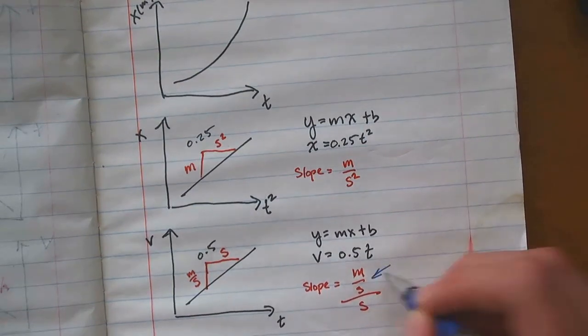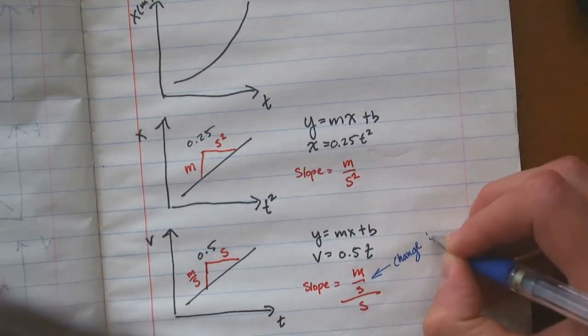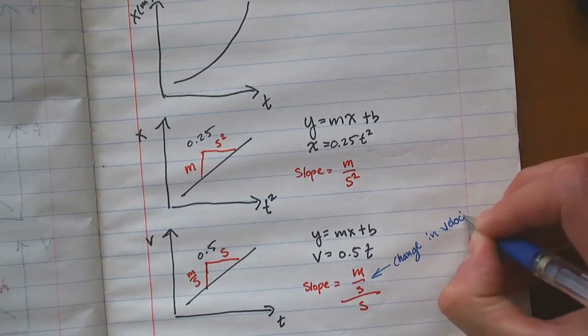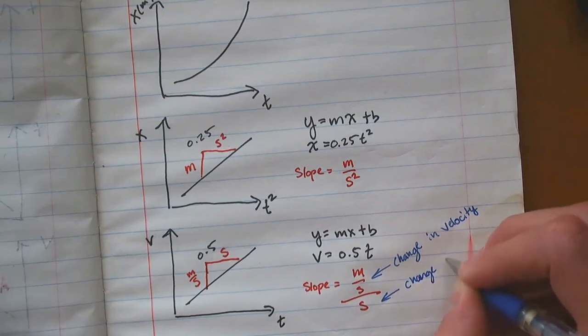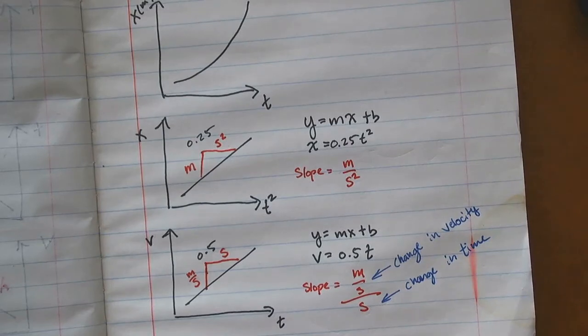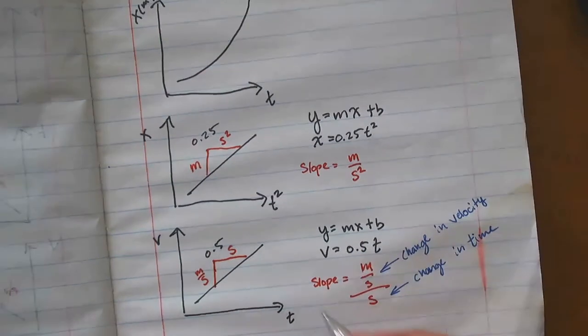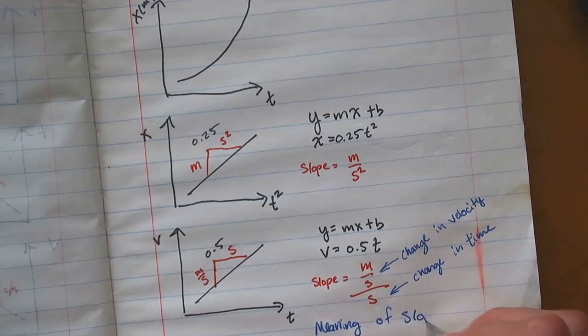This would be your change in velocity over your change in time, how long it took you to change that velocity. Changing your velocity, speeding up or slowing down, we call that acceleration. So the meaning of the slope here is acceleration.